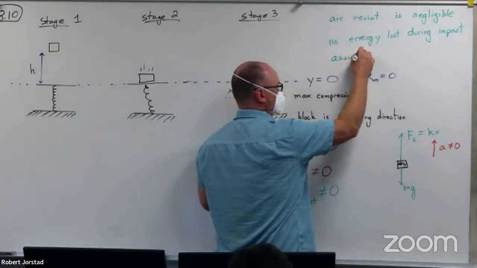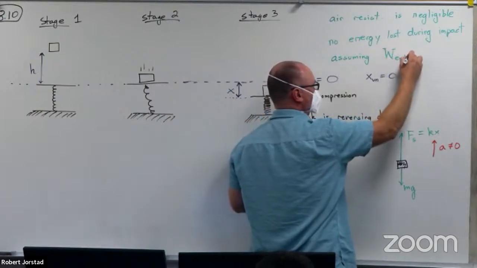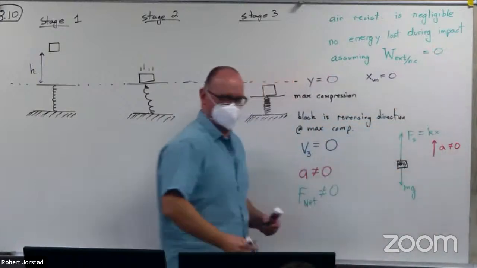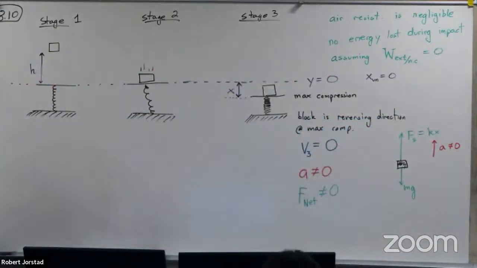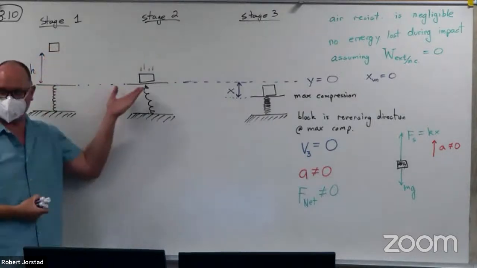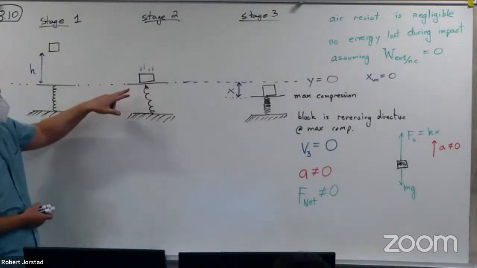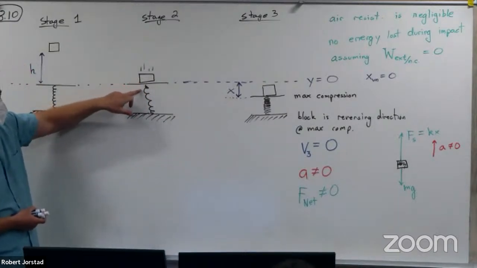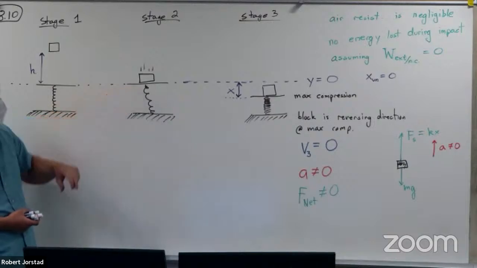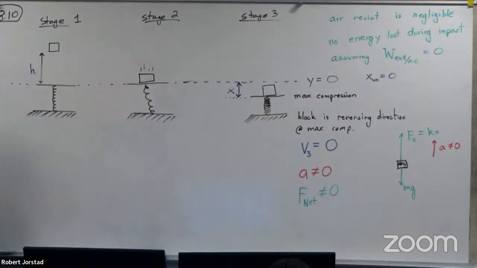We are assuming... Obviously, there is a force between the block and the spring, but that's internal to the spring block system, right? The force between the block and the spring and the platform is internal.